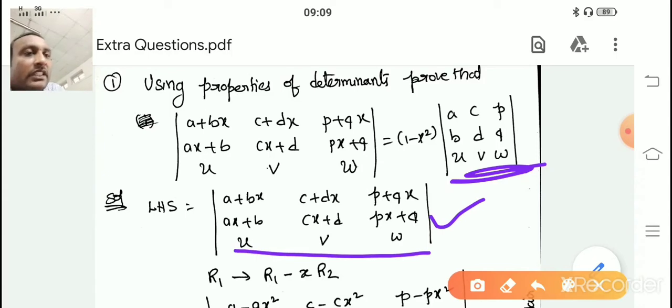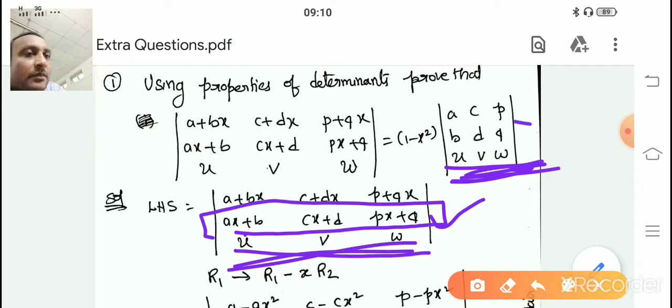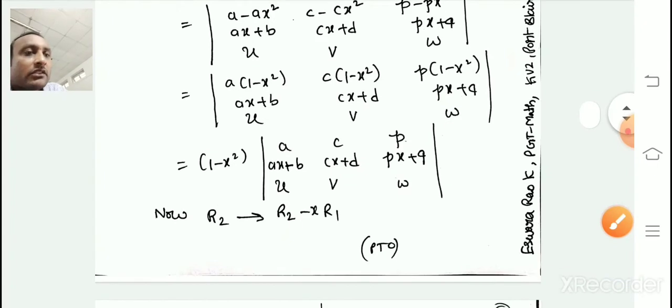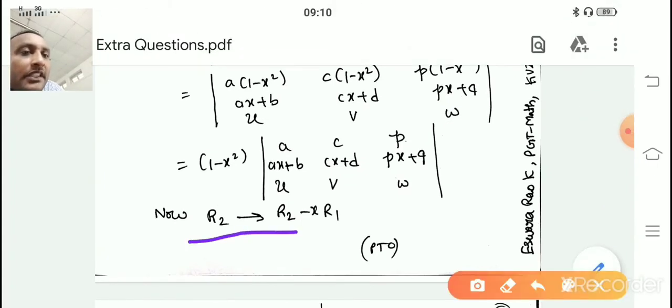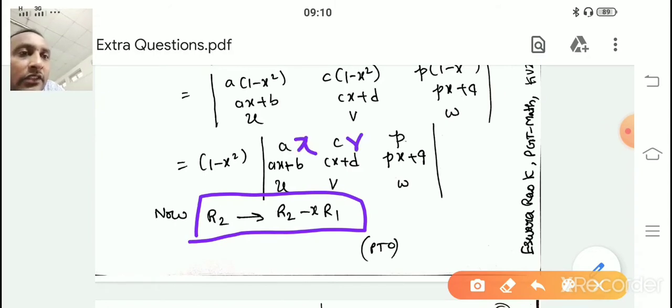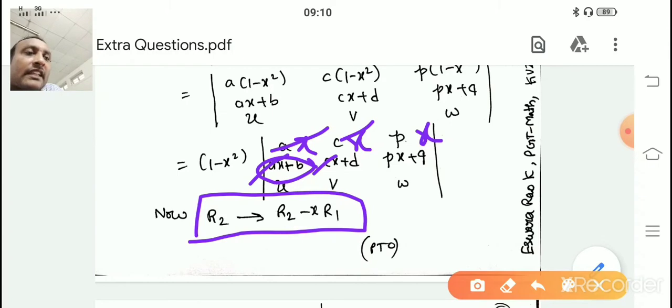The third row is no problem, already it is uvw, here also uvw. But in the second row, we have ax plus b and so on, but here bdq is there. So we need bdq in the second row. For that you apply another operation, R2 is R2 minus XR1, because when I multiply x to the first row and subtract from the second row, ax and ax cancel, cx and cx cancel, px and px cancel, and then bdq will be left.